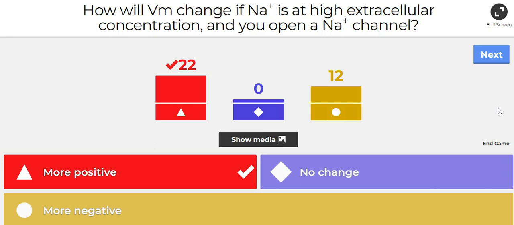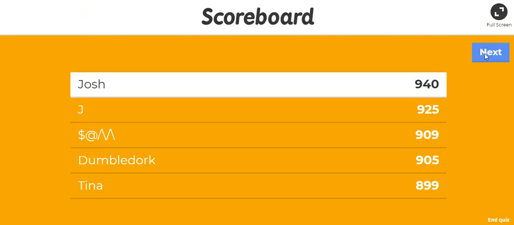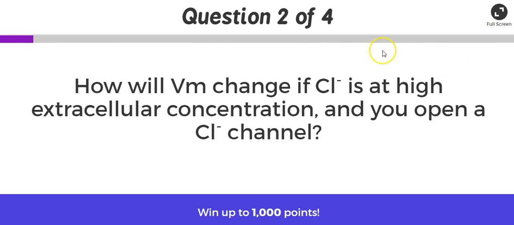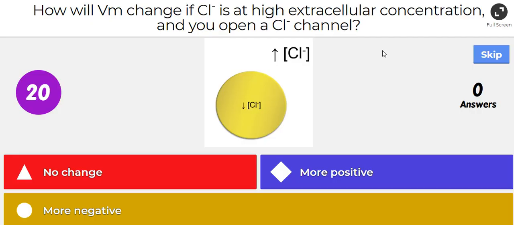All right, let's do the next one. Good job, Josh. How will membrane potential change if chloride is at high extracellular concentration and you open a chloride channel? There's a picture.